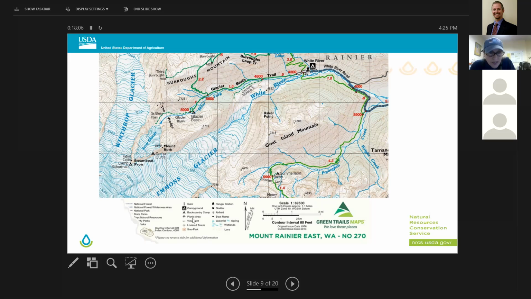See, what else can I find? Let's see if there's any picnic areas, if I want a picnic. Does anybody see a picnic area? It's kind of hidden. Near White River. Yep. And I see there's a ranger station there too.